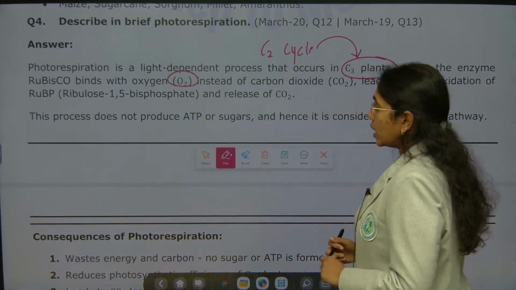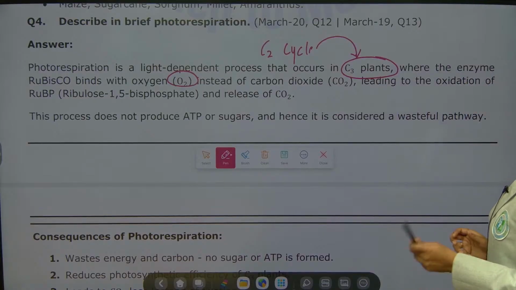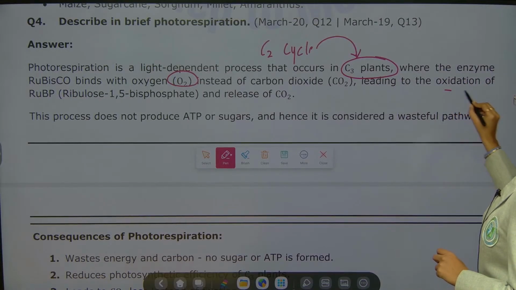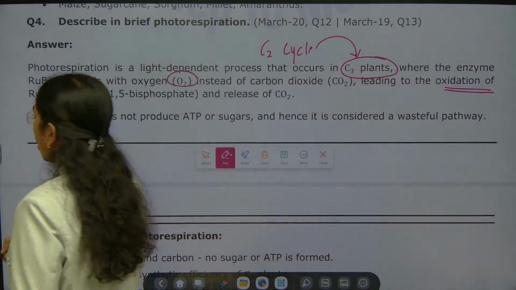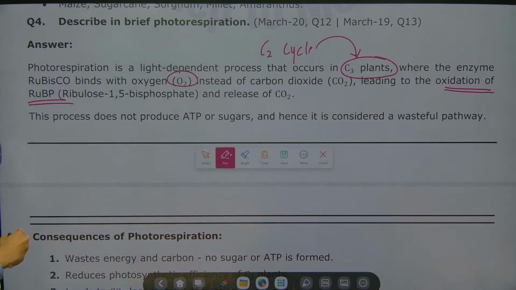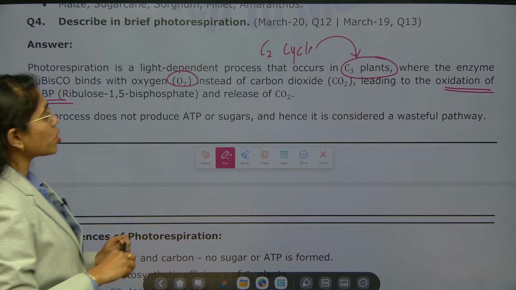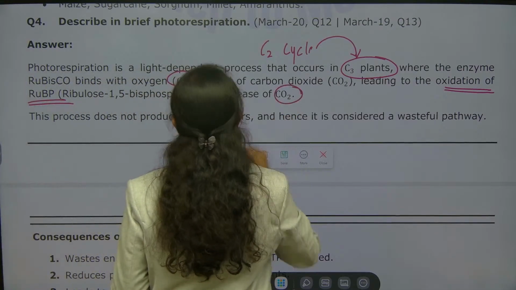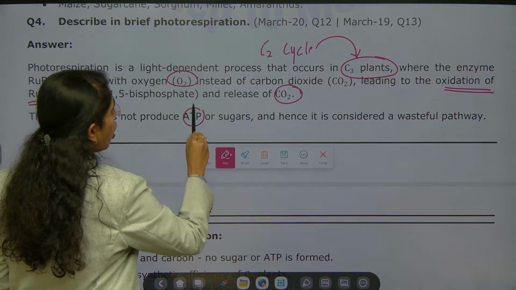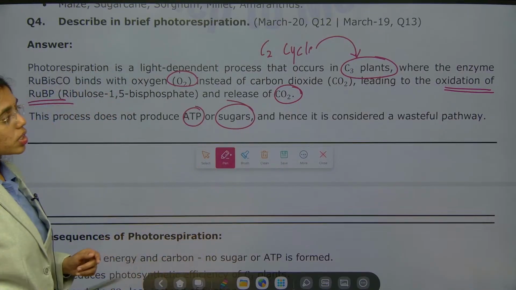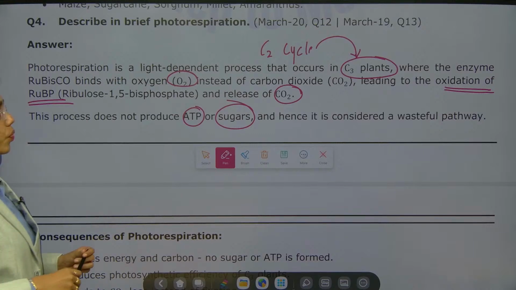Oxygen instead of carbon dioxide. This leads to oxidation of RuBP, ribulose bisphosphate, and release of carbon dioxide. This process does not produce ATP or sugars, and hence it is considered as what? Wasteful process.